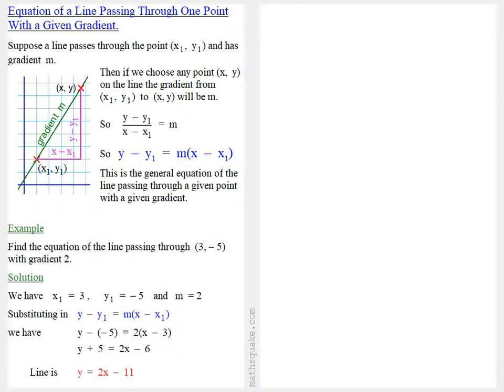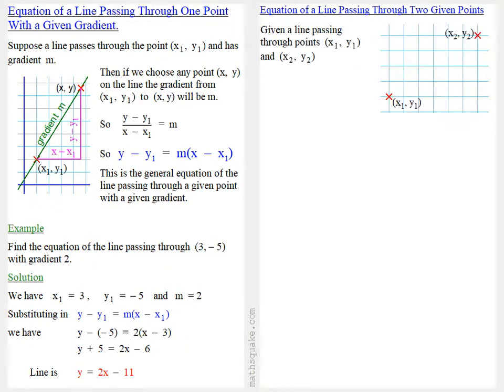Now another common situation we find ourselves in is trying to find the equation of a line when we're given that it passes through 2 points. So, suppose a given line passes through the points x1, y1 and x2, y2. We can draw a triangle under the line. The base of the triangle is x2 minus x1 and the height of the triangle is y2 minus y1.